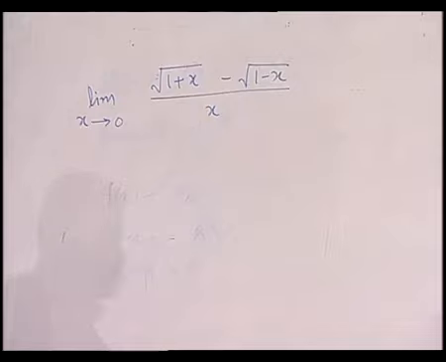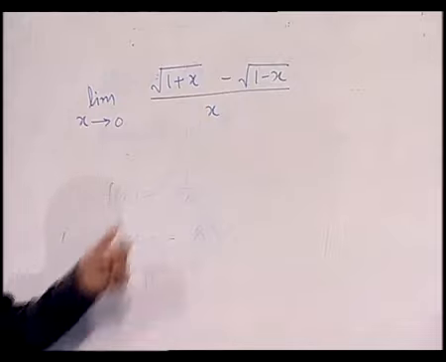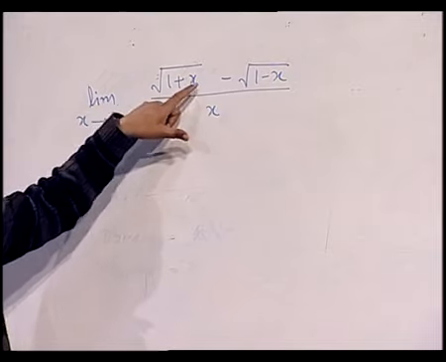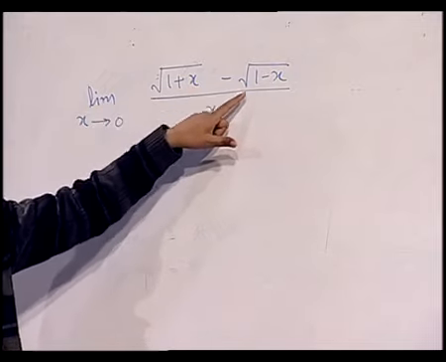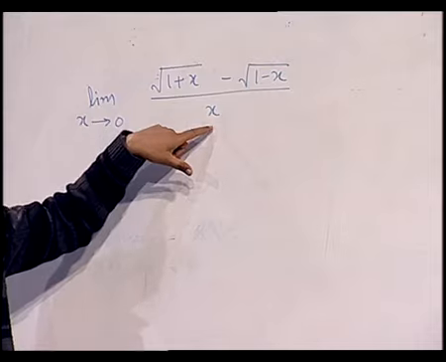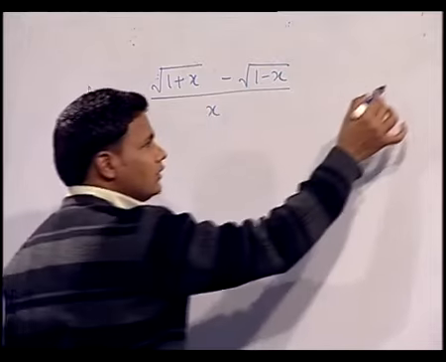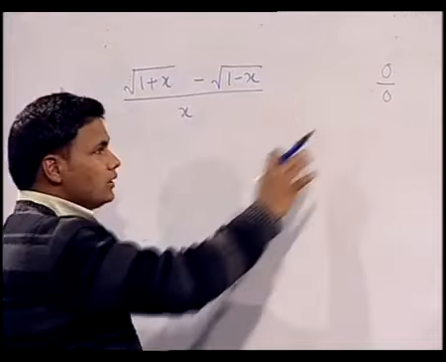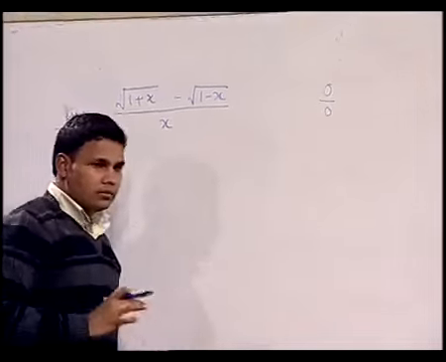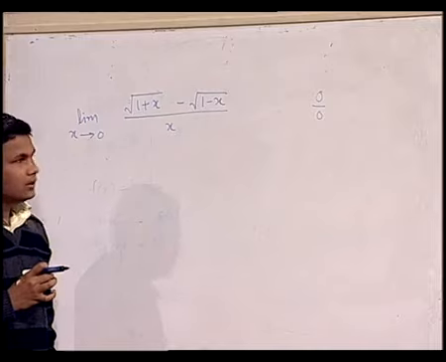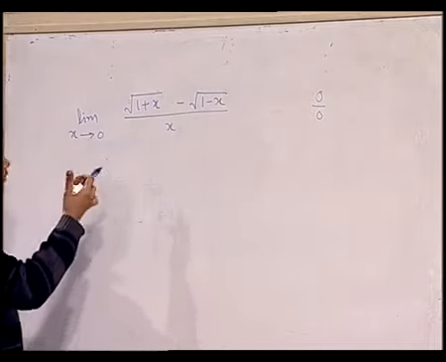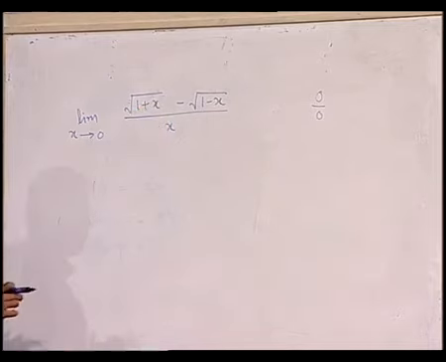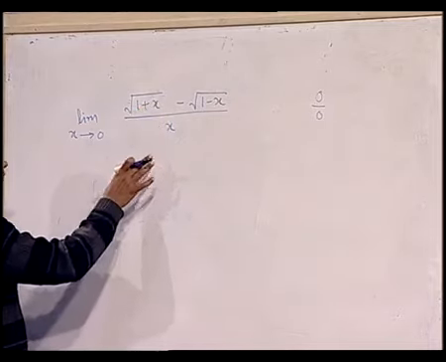If we substitute x equals 0, here we get 1 minus 1 upon 0, that is 0 by 0. The value of 0 by 0 cannot be determined, so we try to reduce this expression into its simplest form.